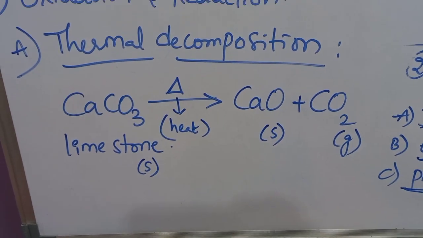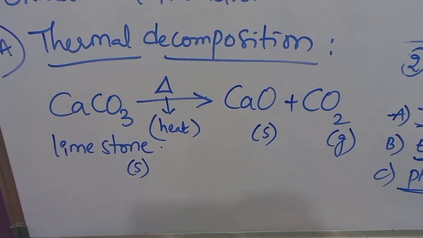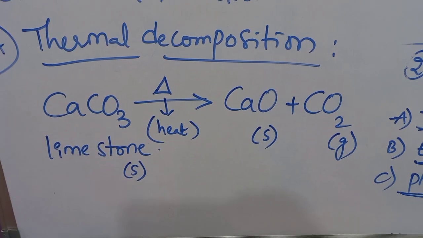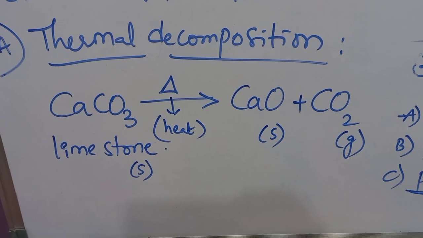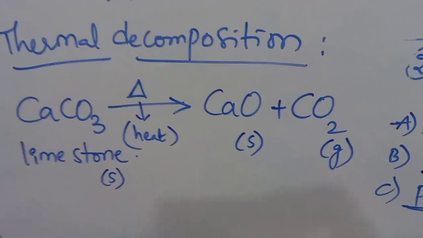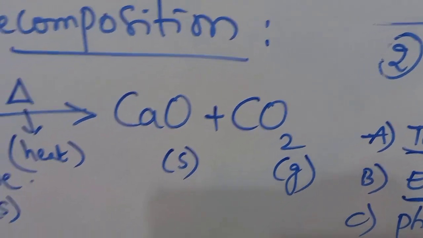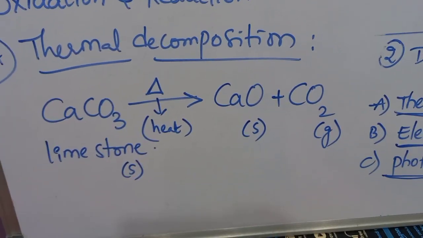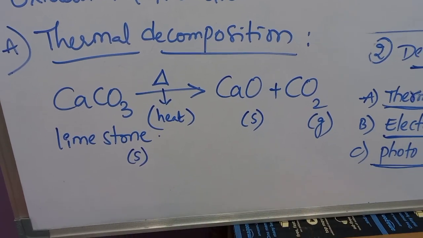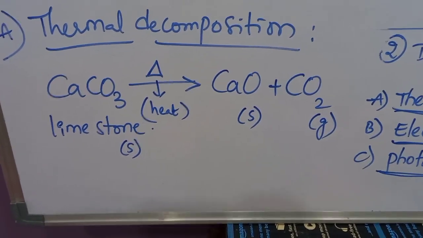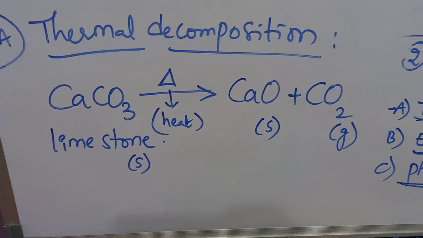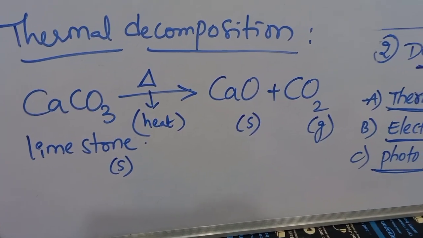For example, limestone decomposition we can see here. Limestone is chemically known as CaCO3, calcium carbonate, which upon heating undergoes decomposition to give two products, that is CaO plus CO2. So this is called a decomposition reaction, where we will get two or more products. On the products side we have two or more, but the reactant will be only one.